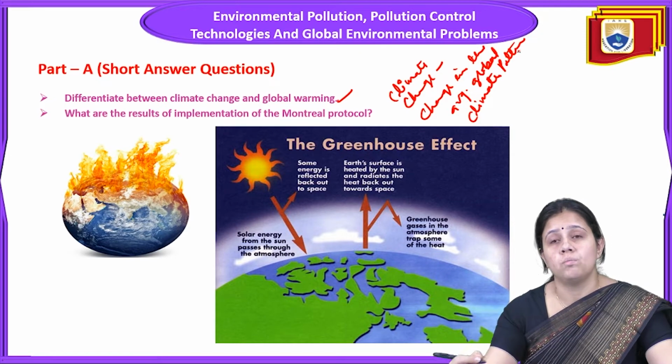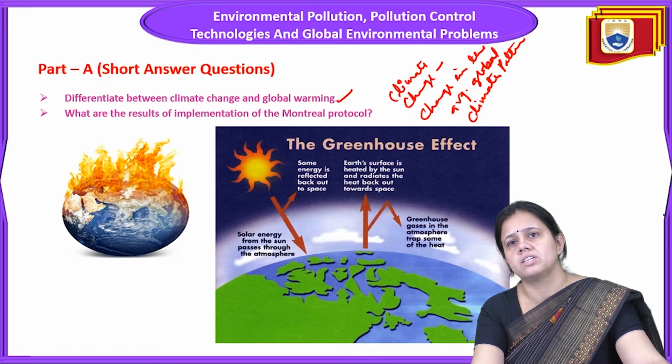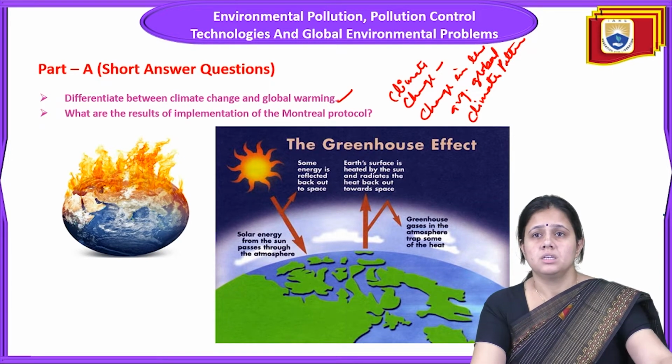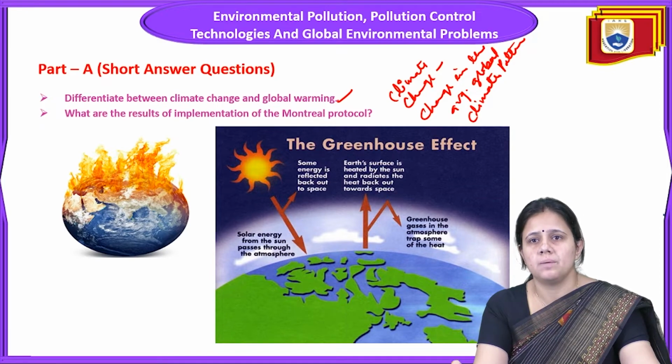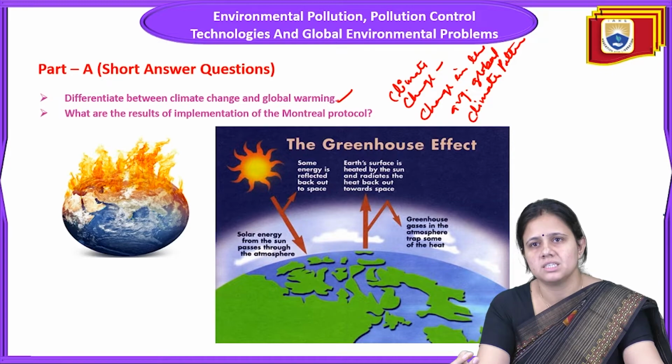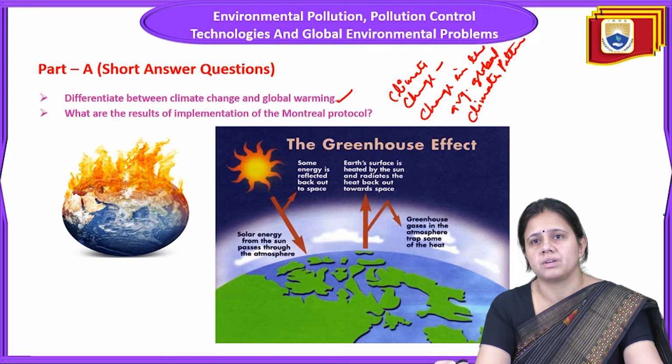And global warming is the heating of Earth's surface due to greenhouse gases. Means the increase in temperature of the Earth's surface due to the production of these greenhouse gases, and that condition is called the greenhouse effect.